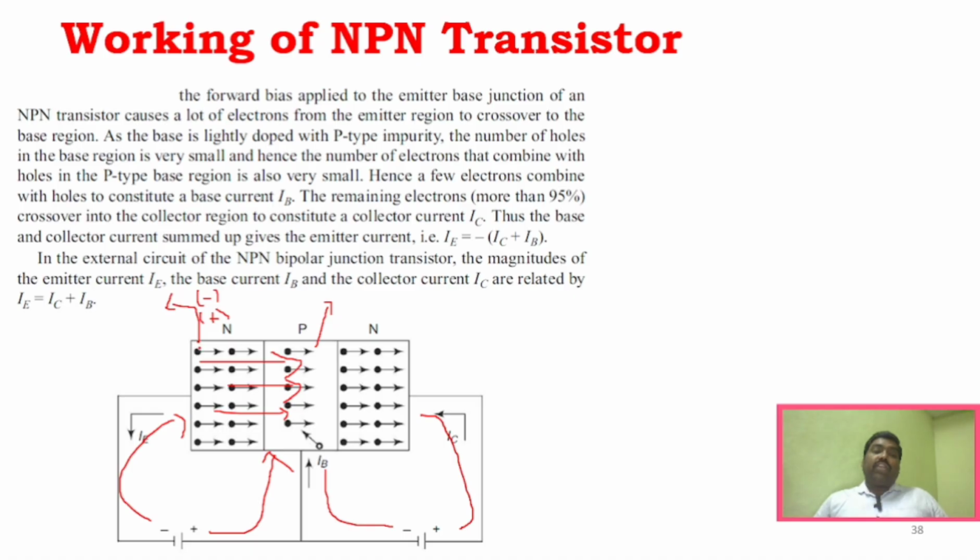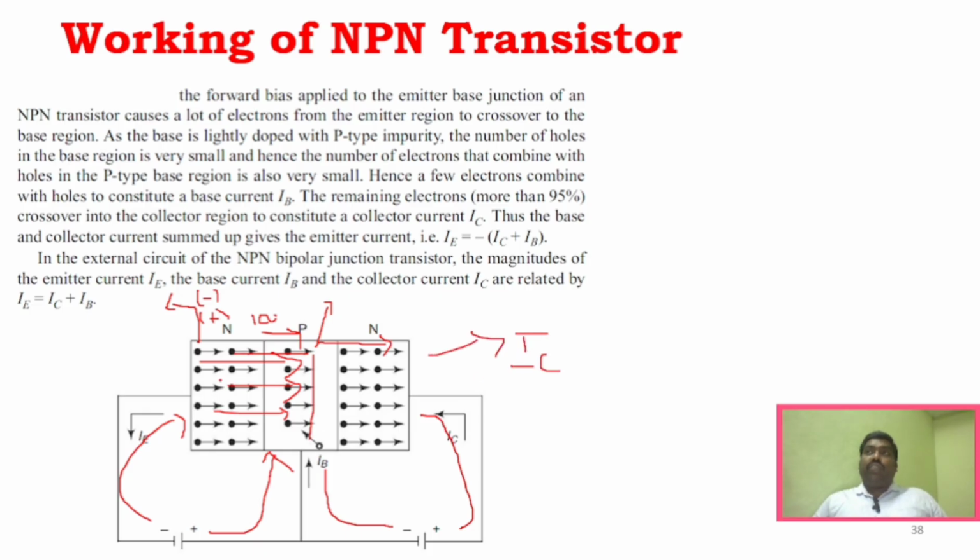So the electrons coming out from this emitter, crossing this particular junction, will reach the base, and a small recombination will take place. Say, for example, 5%. If 100% of electrons are coming out here, then 5% of electrons will be recombined with holes, and the remaining 95% of electrons will reach the collector and constitute the collector current.